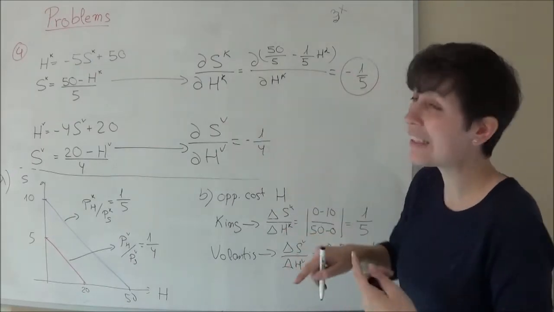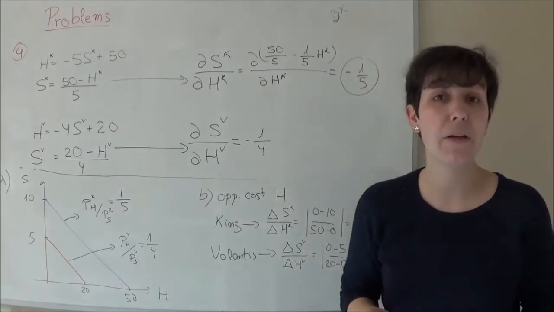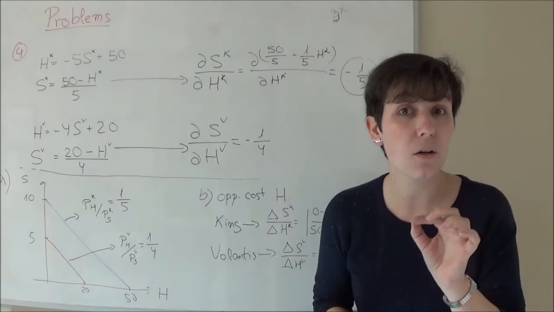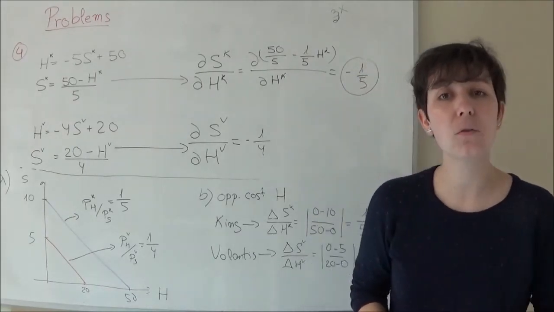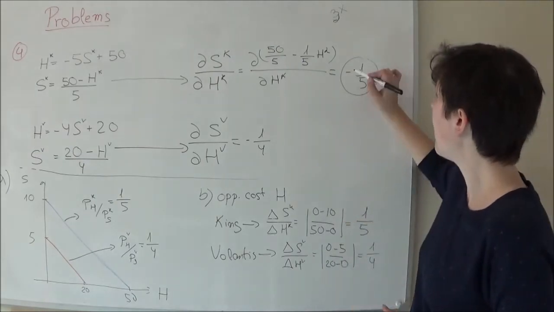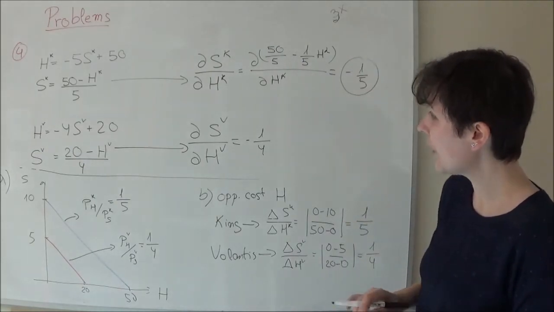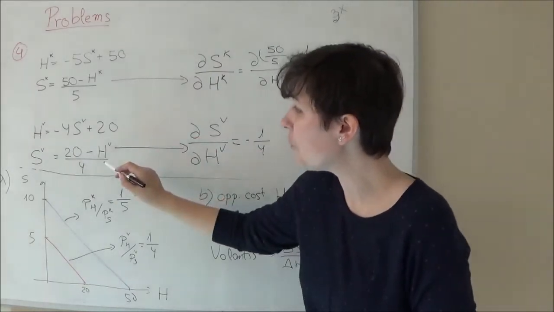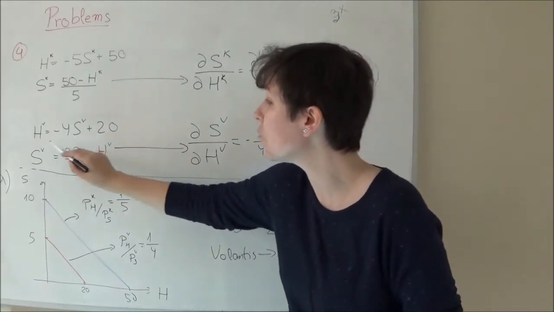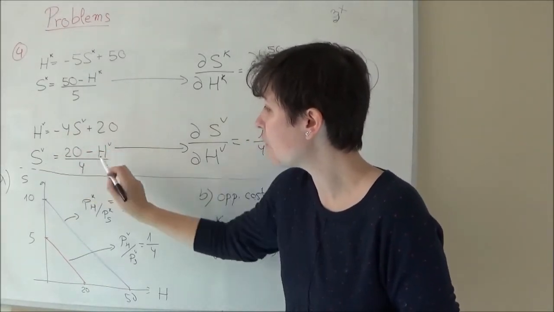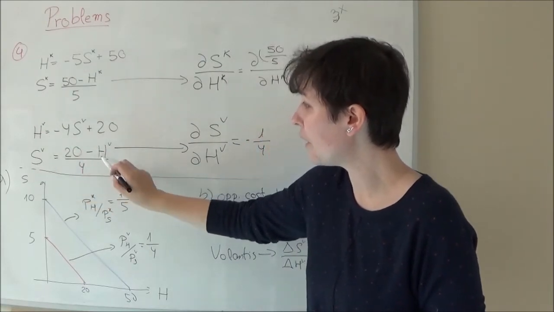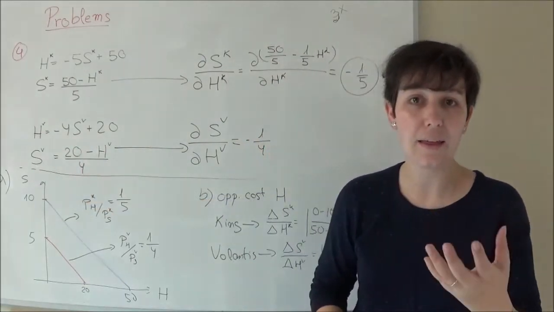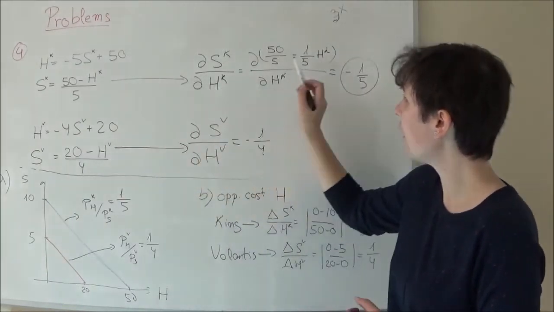Now the slope is negative, but if we are talking about opportunity cost, the word cost is telling me negative, so I have to forget about the minus, okay? The same thing you can do for the other economy. So here you have the function that connects both variables, where you can see how this depends on the other, and then you can make that derivative in the same way as this one.